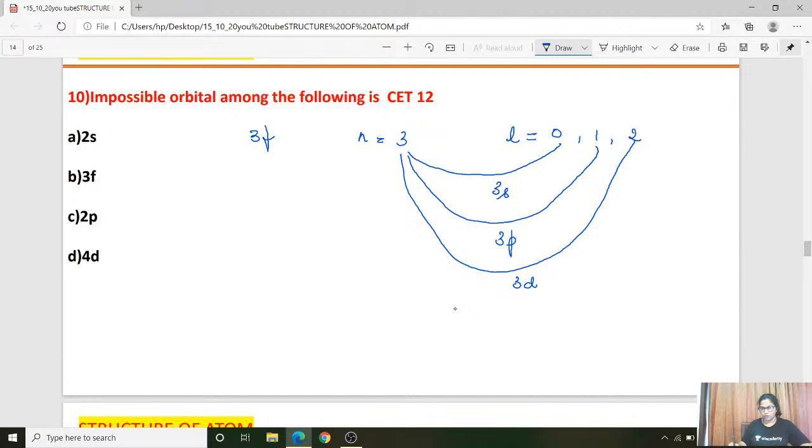So when n value is 3, there is no 3f. There is no 3f possible at all. When n is equal to 3, it can be 3s, 3p, 3d, at the most not more than that. That means 3f is an impossible orbital. Are you getting it, students?